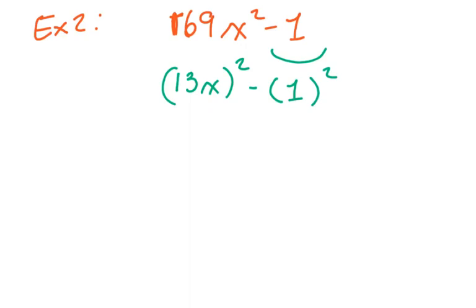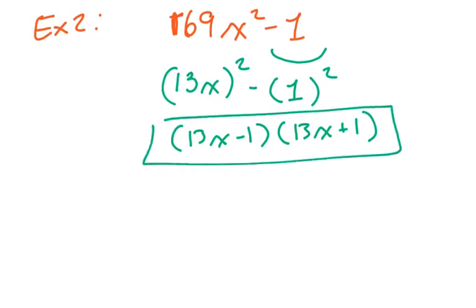And then that turns into 13x minus 1 times 13x plus 1. So that's a little bit of a tricky one because of the 1 there, but nothing to be too freaked out about.